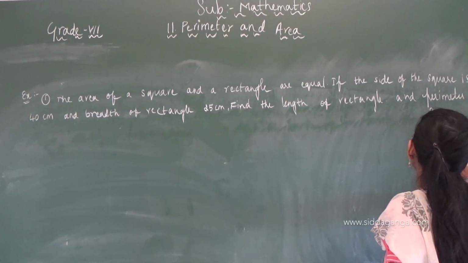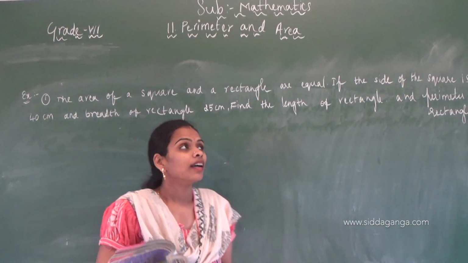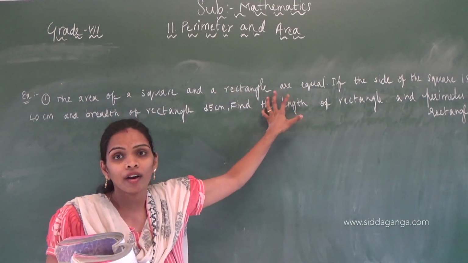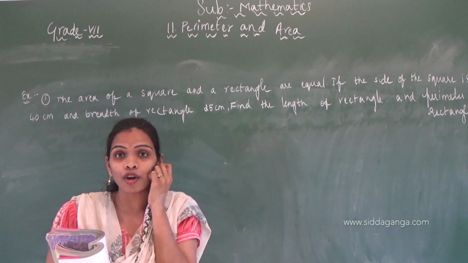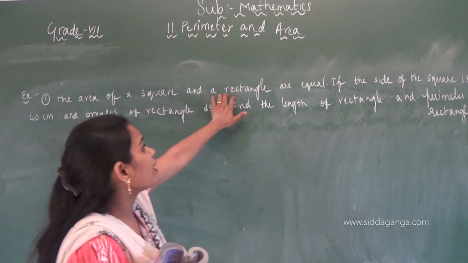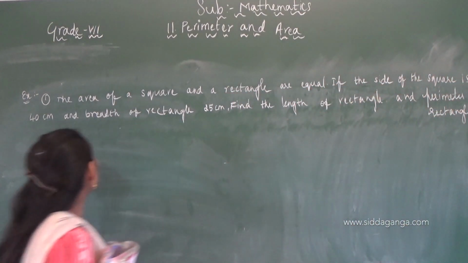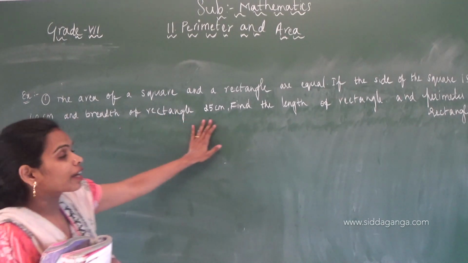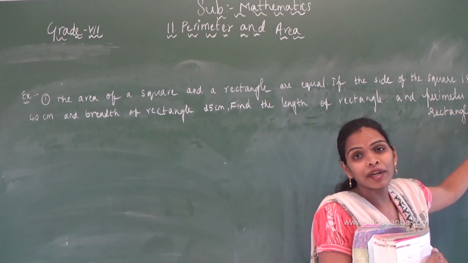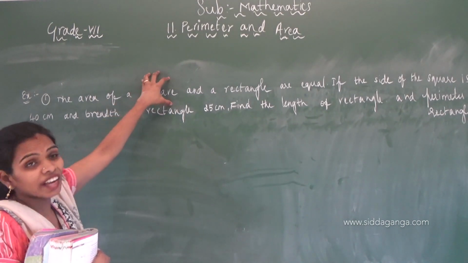Here what they are telling is that the areas of the square and rectangle are equal. We know the formula to find the area of a square and the area of a rectangle. The length of the side of the square is 40 centimeters and the breadth of the rectangle is 25 centimeters. We know the square information.